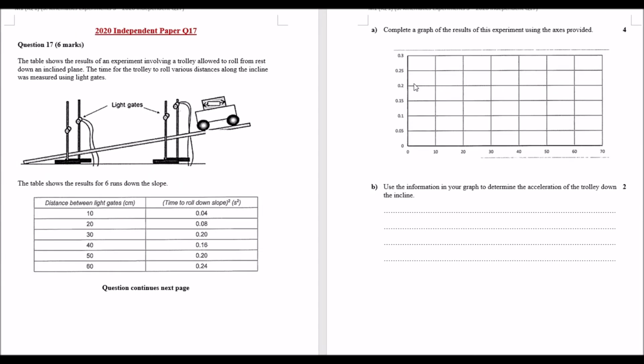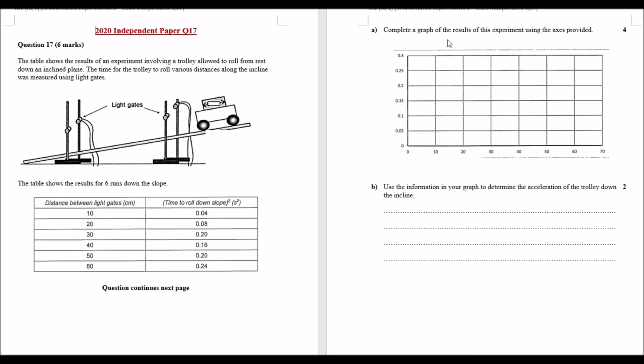On this left-hand side, we have the data points for the distance between the light gates, how we increase it, and we also have the time taken for the trolley to roll down. Now, the thing I want to stress is we are dealing with time roll down squared. So it's seconds squared, not seconds. There are some implications later on in the question, which we will talk about.